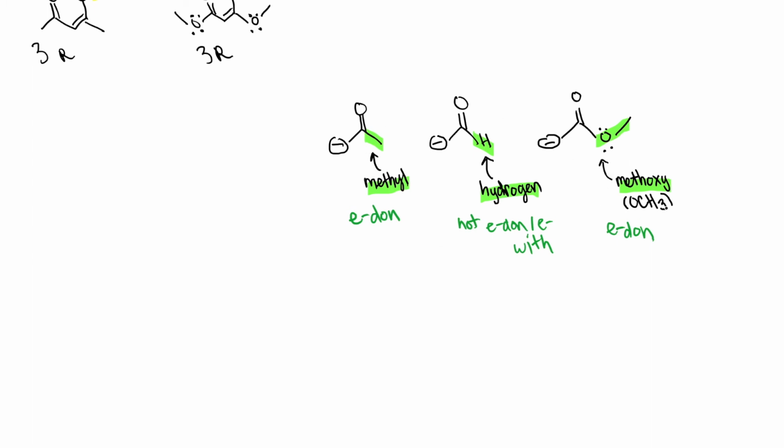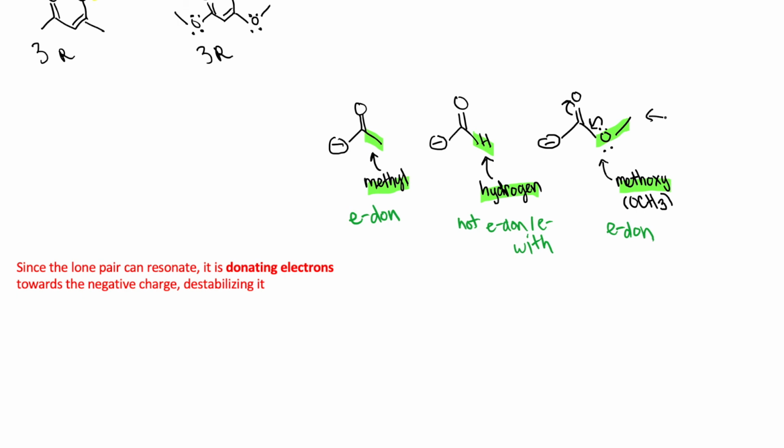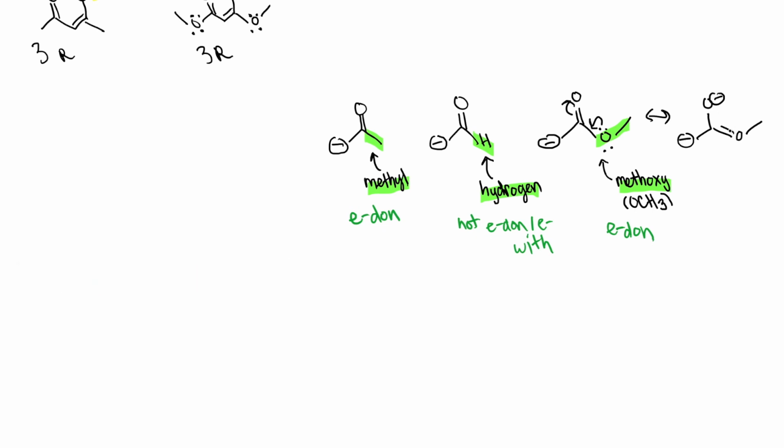Between a methyl and a methoxy group, which one is more electron donating? I'm going to say it's the methoxy group because if we look at this oxygen here, this oxygen has a lone pair that can actually resonate, and I'll show you what that resonance looks like. So resonance is pushing electrons closer towards this negative charge.